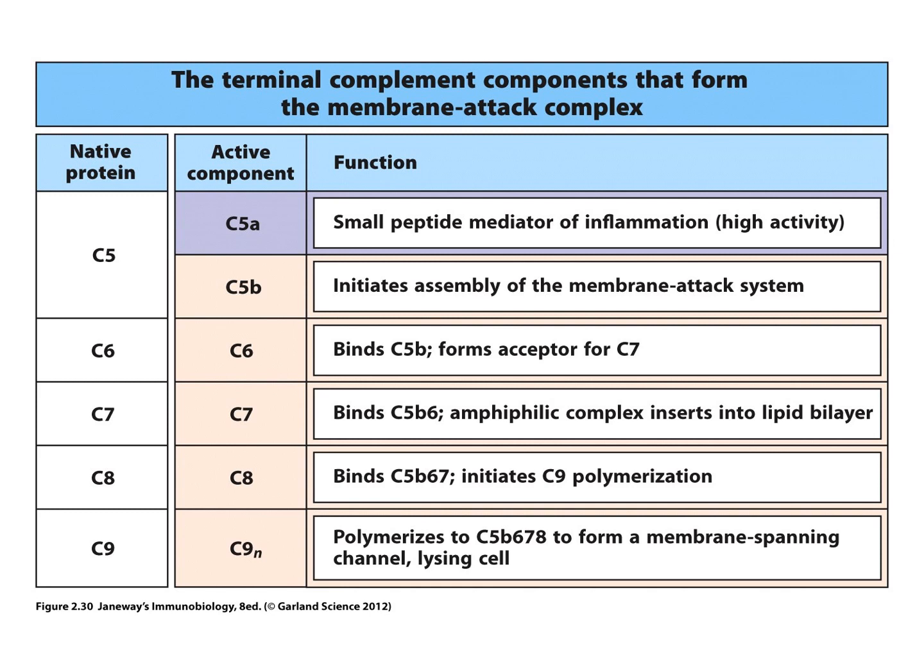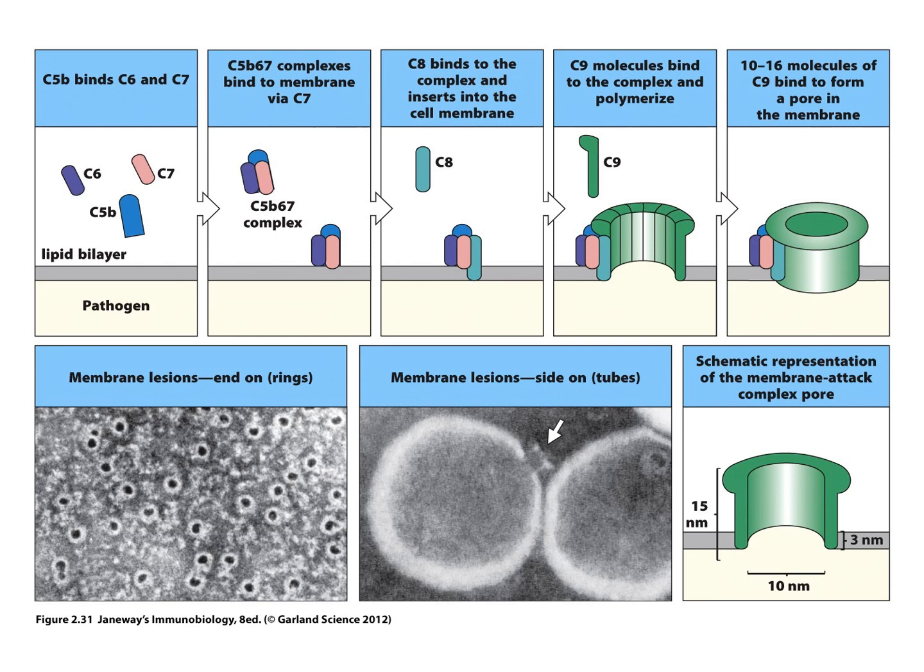Once C5 is cleaved and has deposited near the C3b, C3 convertase, you'll see the rest of the cascade, C6, C7, C8, C9, will quickly also begin forming their giant complex, each having their own job. C5b bound.